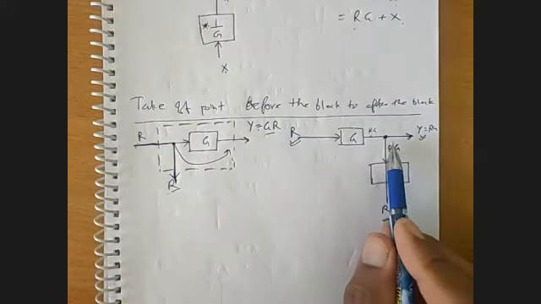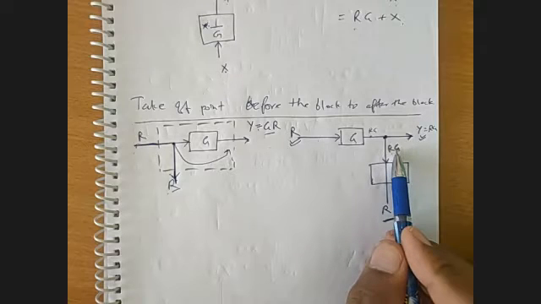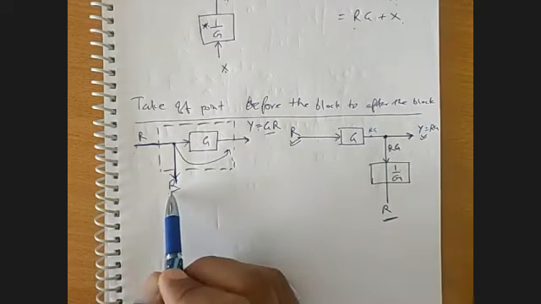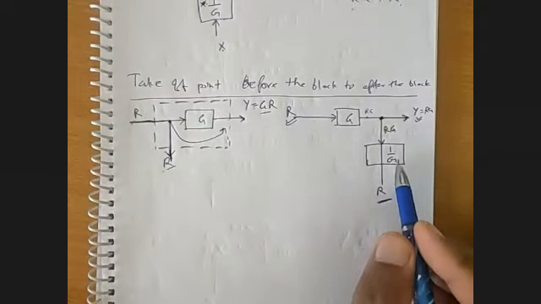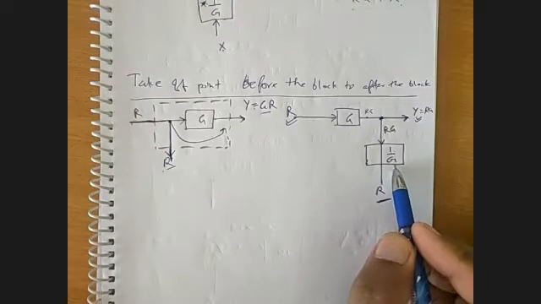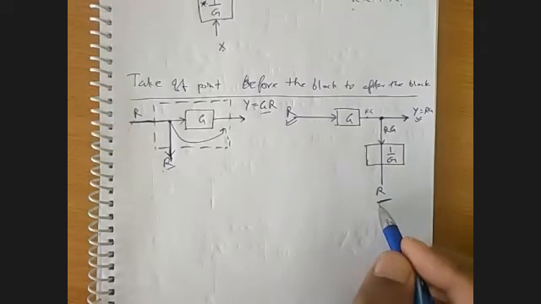But when we are taking this signal RG, we require here only R, because in the previous case this signal is R. So we have to connect a block of 1 by G here. So this will be multiplied by 1 by G. So it will become R.